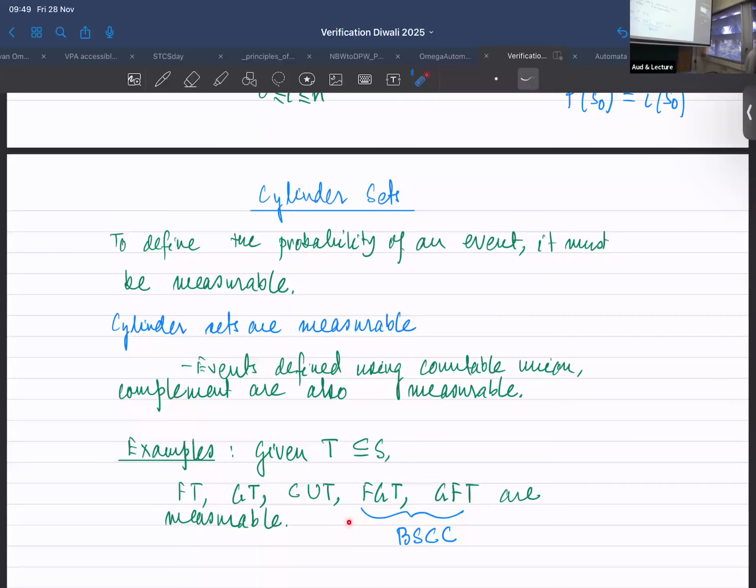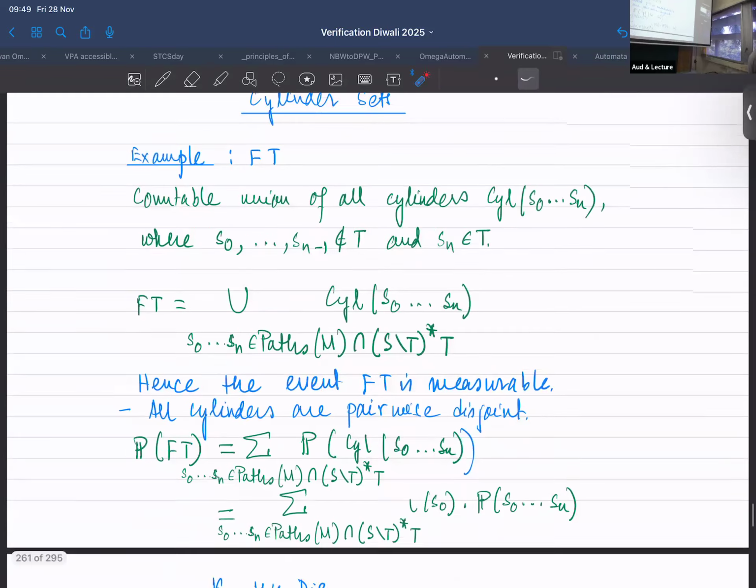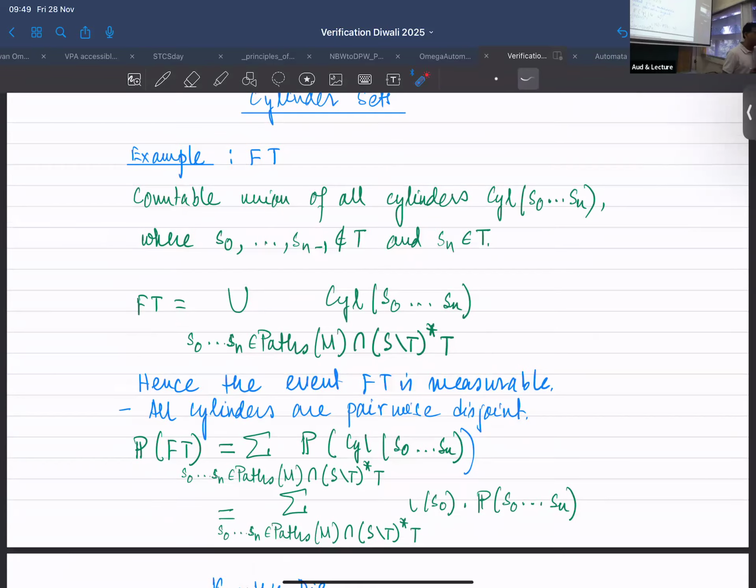So you can think about how you express these events using countable unions, complements, and countable intersections of the cylinder sets. Clear?